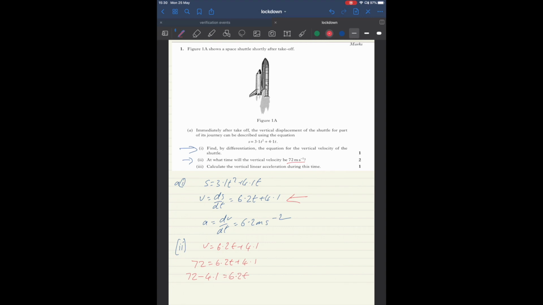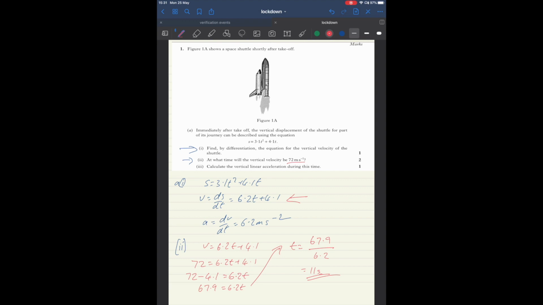So 6.2t equals 67.9, so t equals 67.9 divided by 6.2, which is basically 11 seconds. Fine.